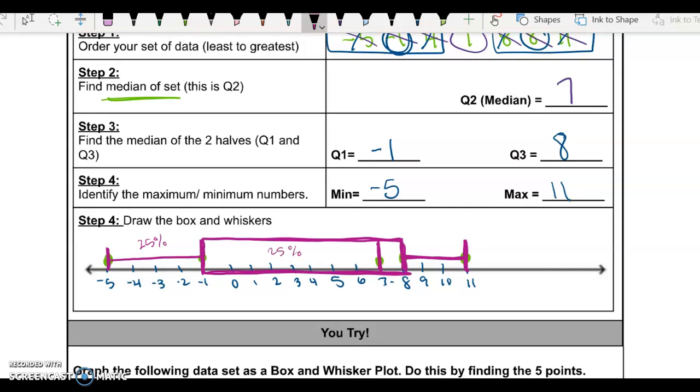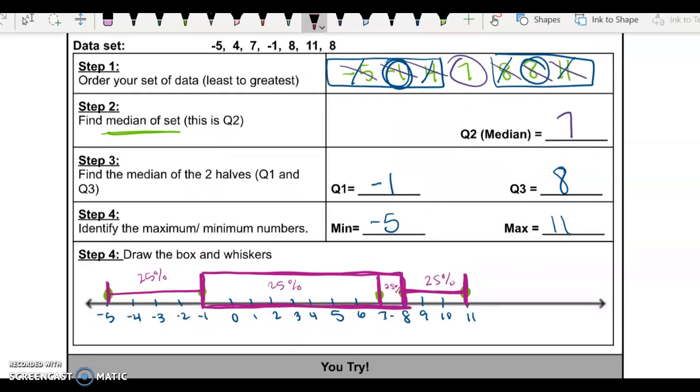From our median to our quartile 3 is 25% of our data. And then from our quartile 3 to our maximum is another 25% of our data. This makes sense because when you look at our numbers from least to greatest, -5 to -1, that's pretty spread out. So that's why this line is pretty long.